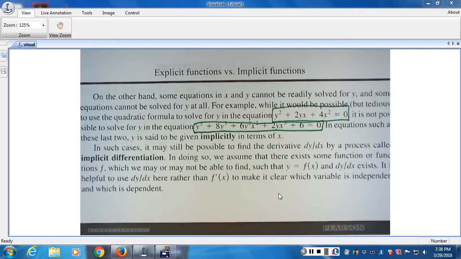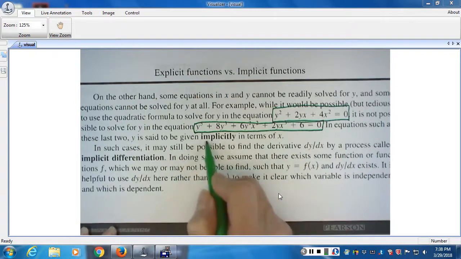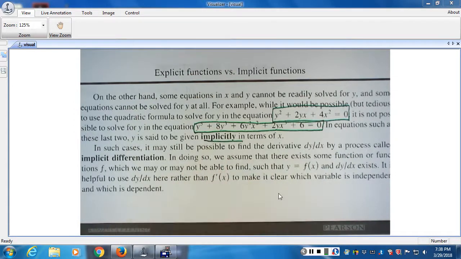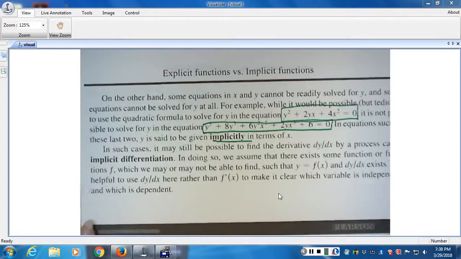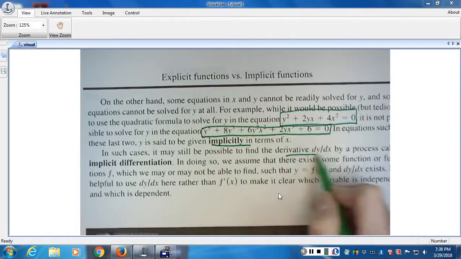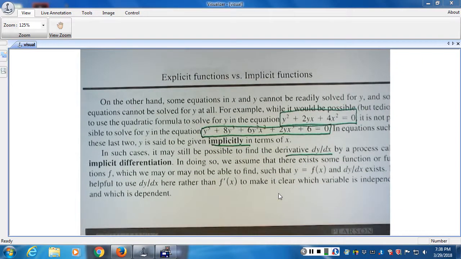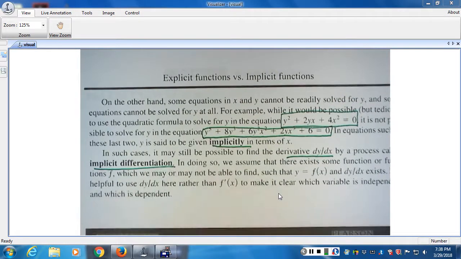So in those two equations, y is said to be implicitly given in terms of x. So it's still a function, but the x's and y's are mixed up in the terms. And because of that, we're going to have to learn to find the derivative, which we've been calling dy dx or y prime, by a method called implicit differentiation.